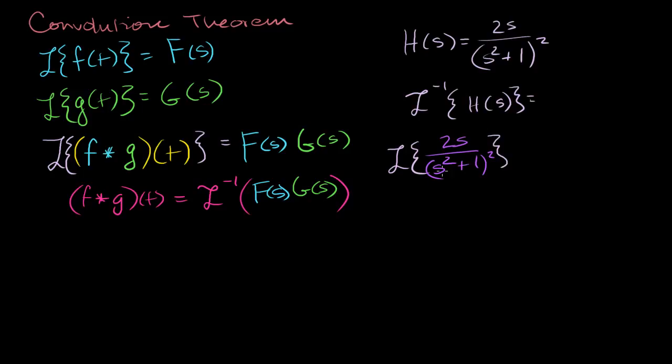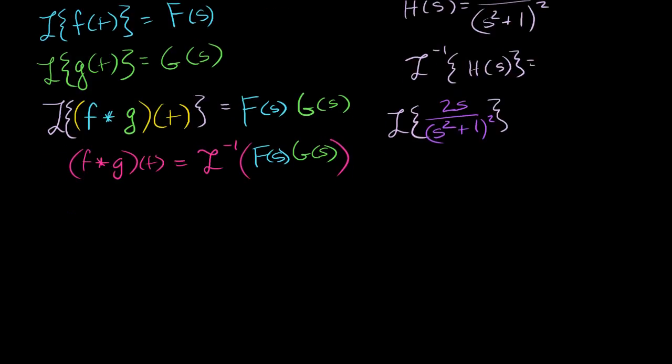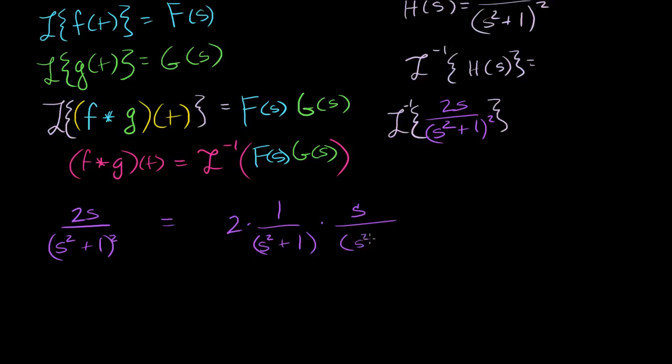Now, can we write this as the product of two Laplace transforms that we do know? Let's try. I can rewrite 2s over s squared plus 1 squared as 2 times 1 over s squared plus 1, times s over s squared plus 1.